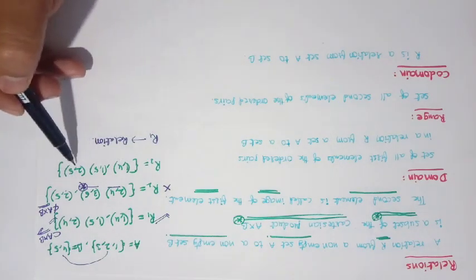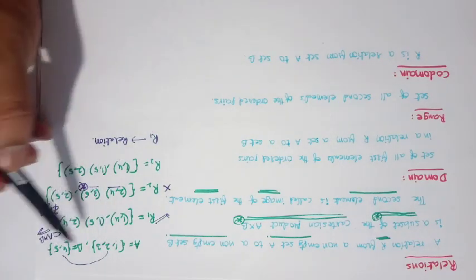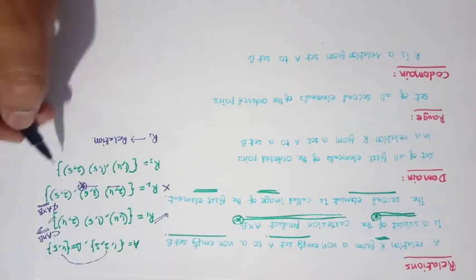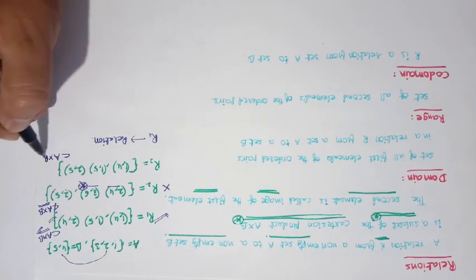And R3: (1, 4), (1, 5), (2, 5), yes, it is a subset of A cross B.